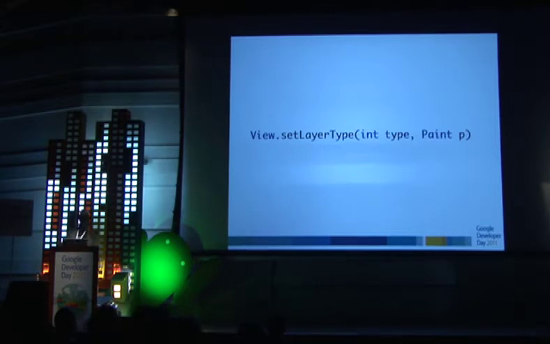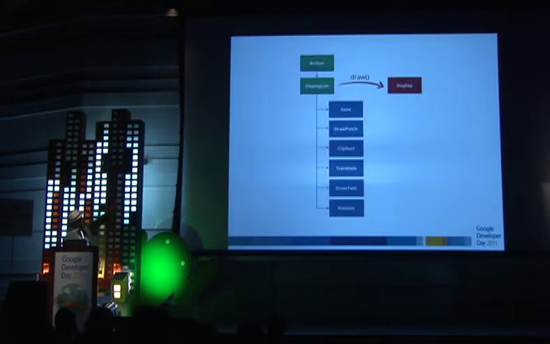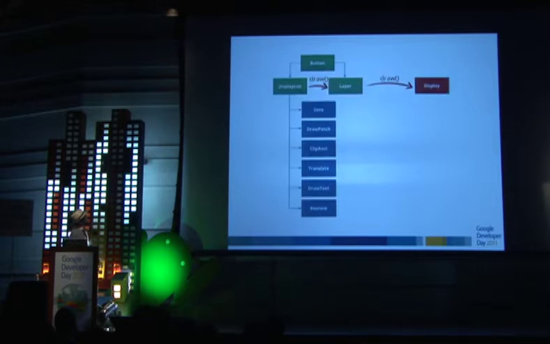Now we briefly mentioned layers. And they're useful for compatibility, but they're actually useful for much, much more. They can actually be used to control compositing. So what we can actually do here is call the display list with draw and add a layer onto it. And that layer has its own paint property, which is pretty cool.